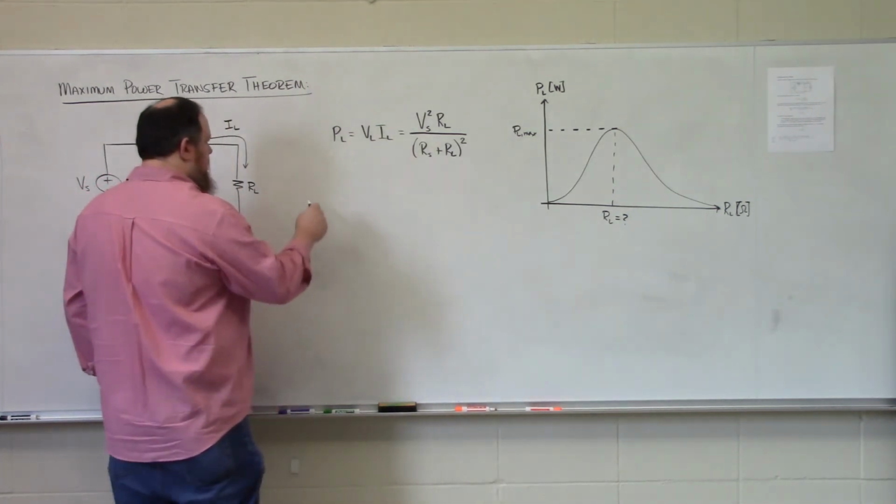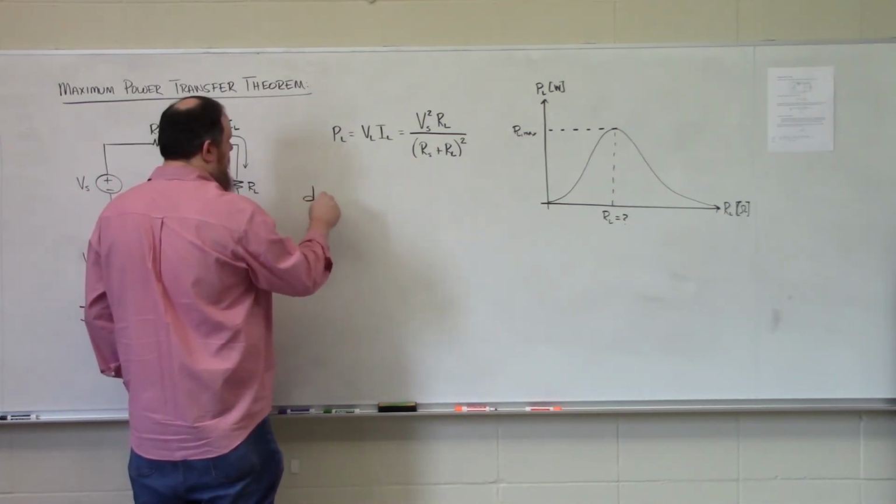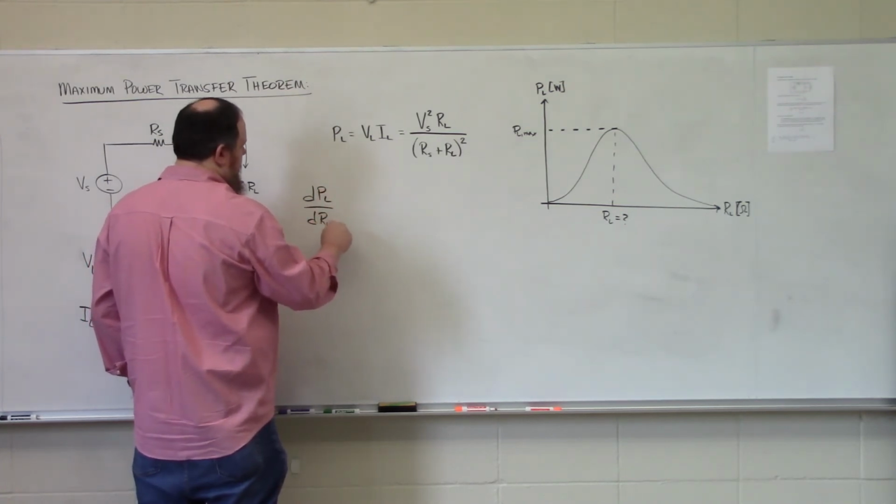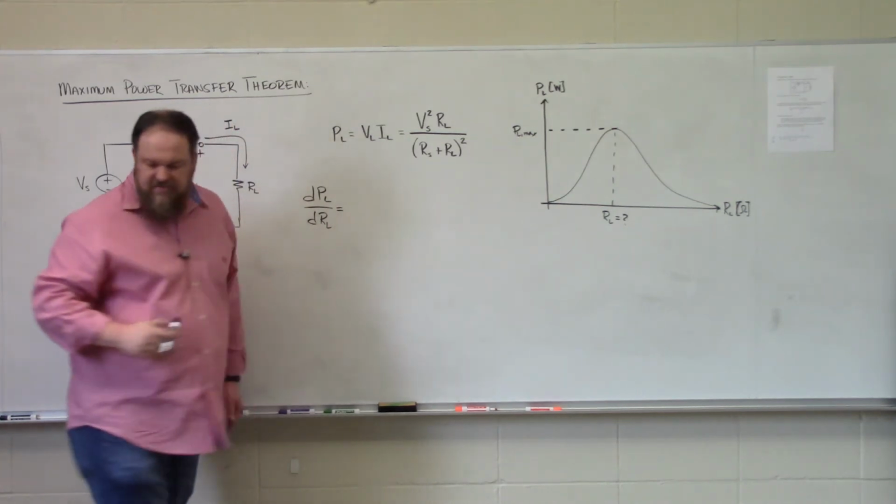We can do that by taking the derivative of PL with respect to RL and setting it equal to 0. So the derivative of PL with respect to RL, and I'm going to have to look at my notes for this one.